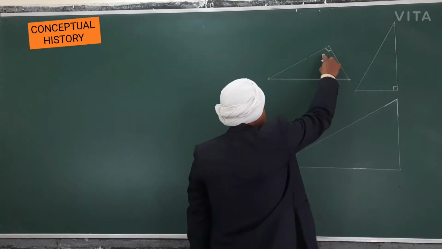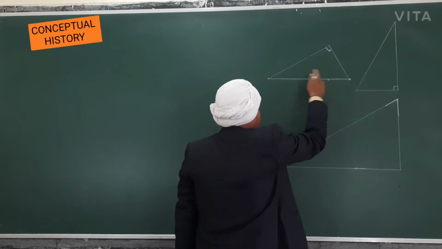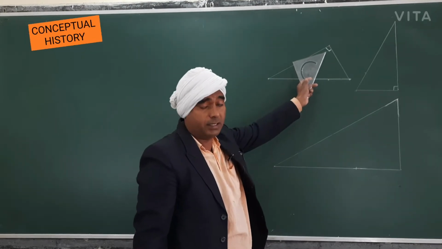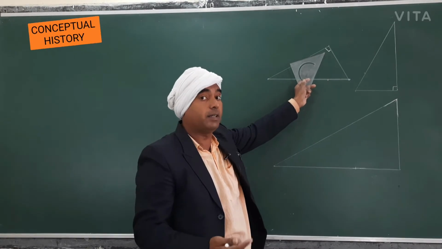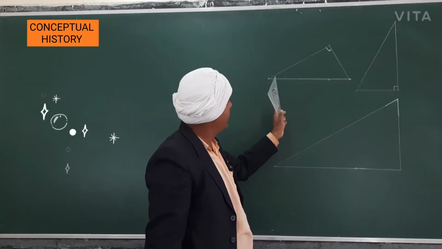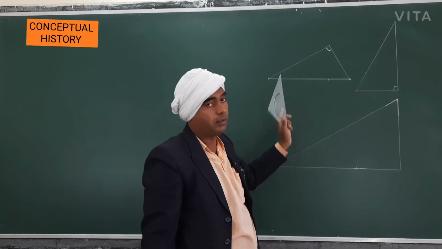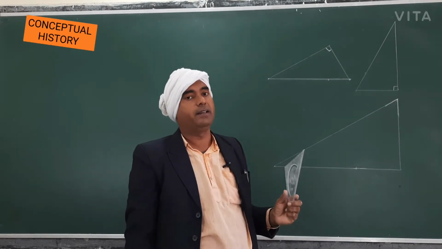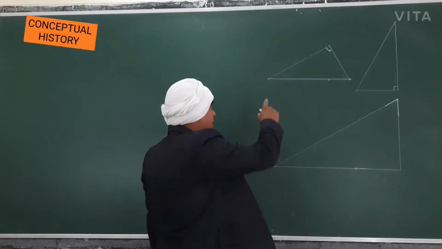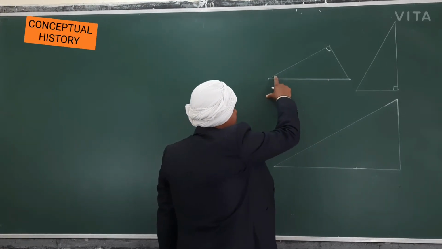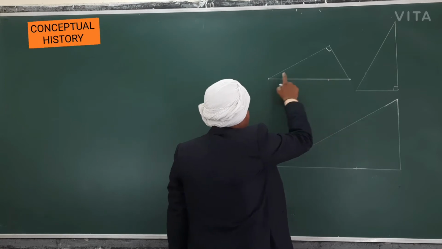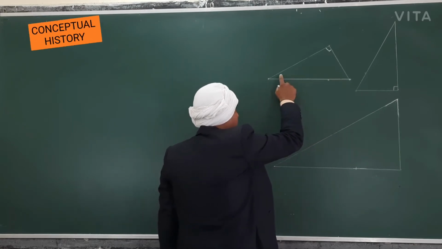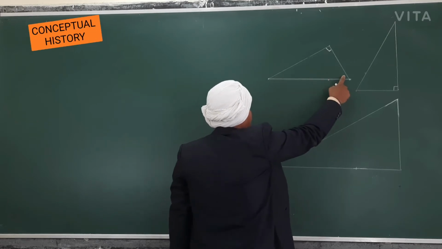If you have a right angle in a triangle, meaning a right angle triangle, these two angles are called complementary angles. Means if this is 10 degree, that will be 80 degree. If this is 20 degree, that will be 70 degree. If this is 45 degree, that will be 45 degree.